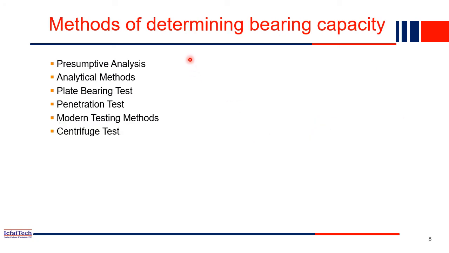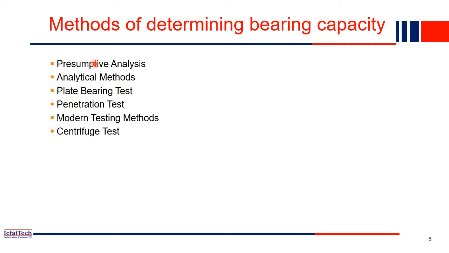Now the next question is, how will you find out the bearing capacity of a soil? There are different geotechnical investigation methods available to find out the bearing capacity of a soil. In this course, we won't go into depth of all the analysis methods, but we'll discuss only one method in this presentation, that is the plate bearing test.